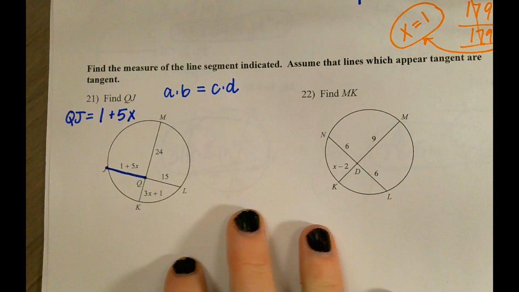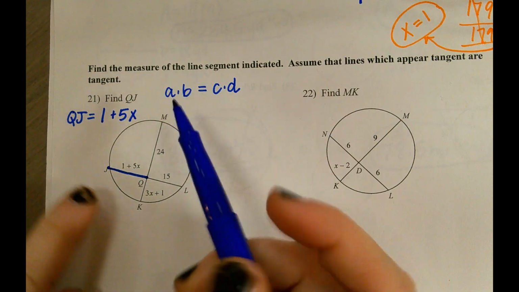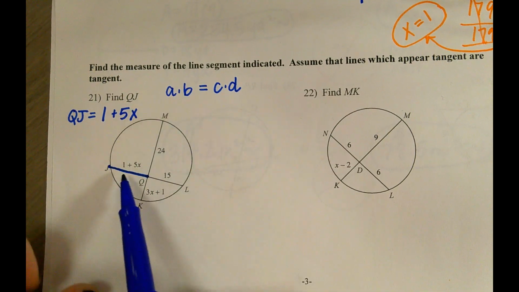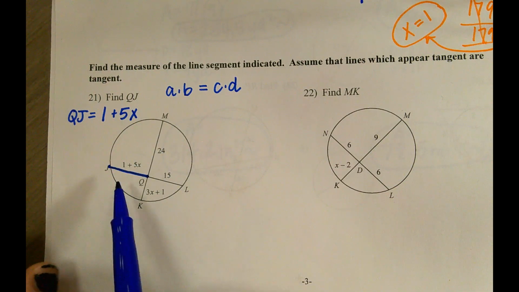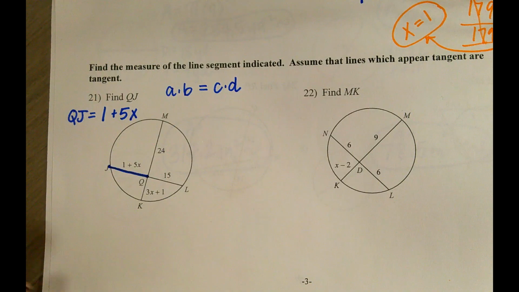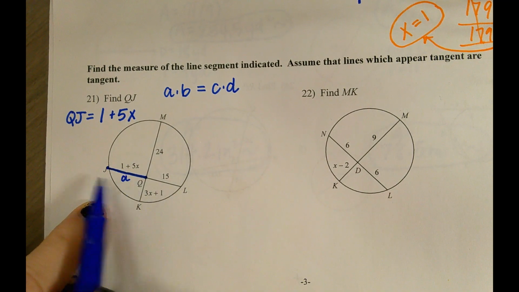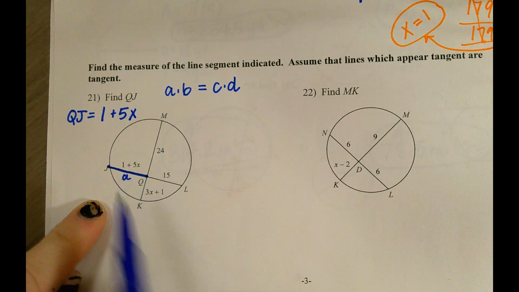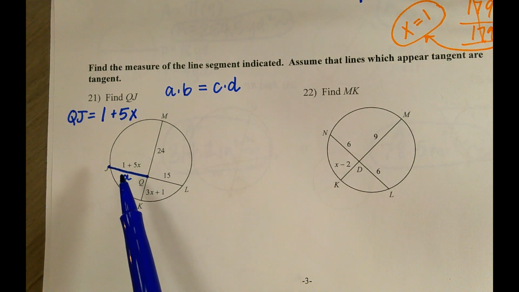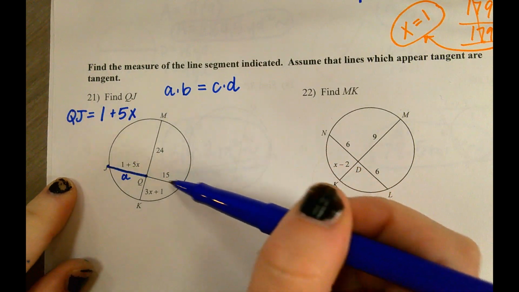Now, I think the trickiest part of these problems is writing your values in the right parts of the formula. So I like to start with A, and we can choose any part to be A, but whatever we choose as A is going to affect the rest of the problem. So I'm just going to start with that 1 plus 5x being my A. If this is A, remember that we always follow that line.